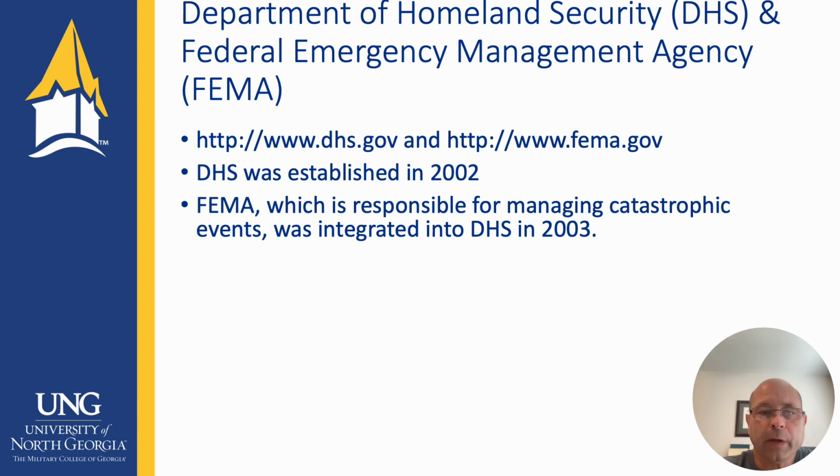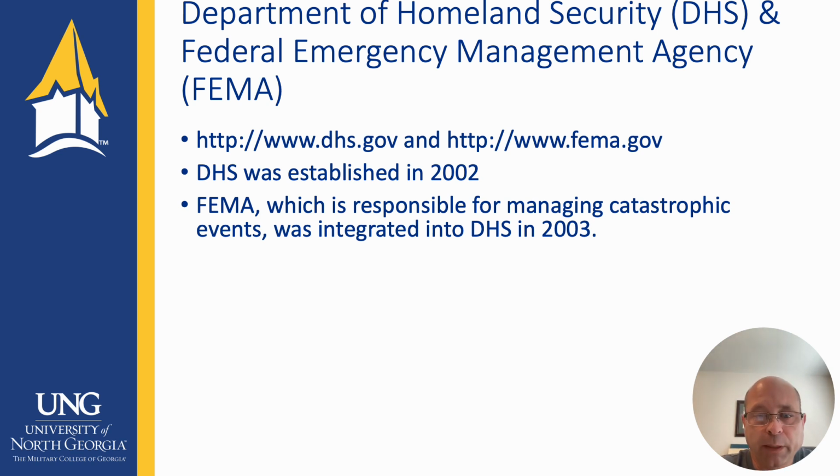Several programs that we're going to discuss. We'll start with the Department of Homeland Security and the Federal Emergency Management Agency, better known as FEMA. You see the two websites here, DHS.gov and FEMA.gov.